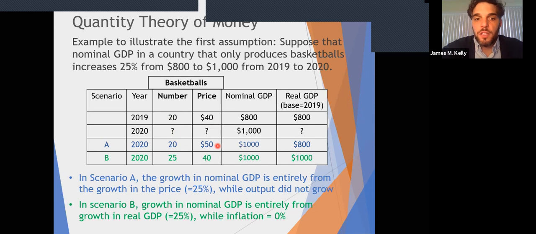So in 2020, nominal GDP increases to $1,000, but since output didn't increase at all in this first scenario, real GDP in 2020 is still only $800. Why? Because the only thing that increased was the price. There's no fundamental increase in output, so real GDP doesn't change.